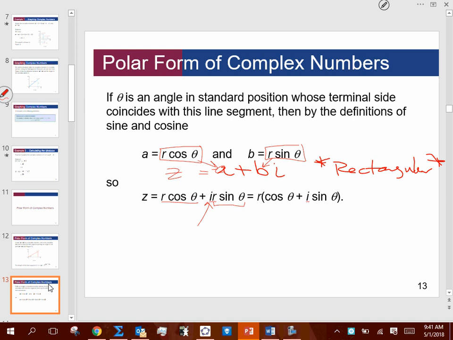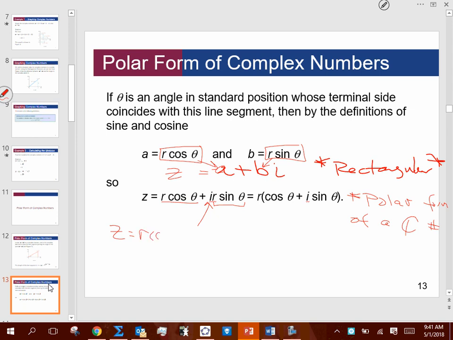Now there's a couple different ways that we're going to write this. Okay. So this here is the polar form of a number. Okay? You have three formats. These are two of them.